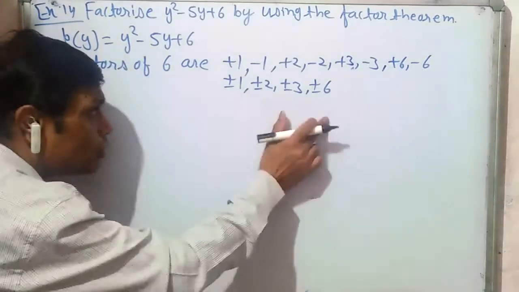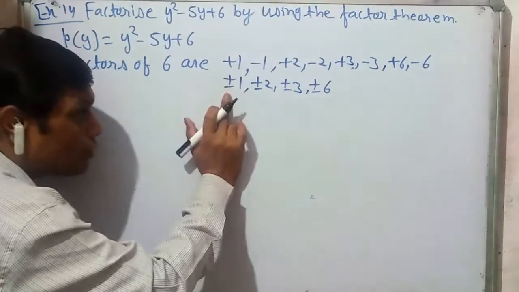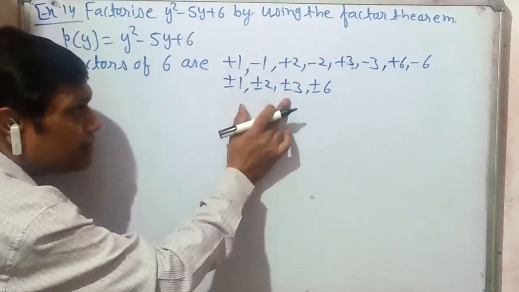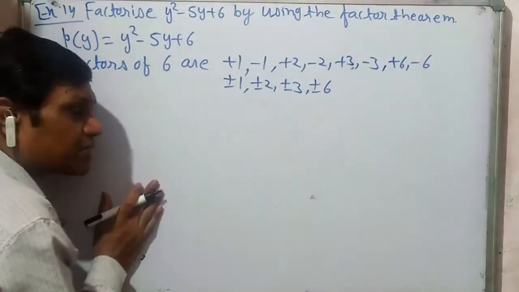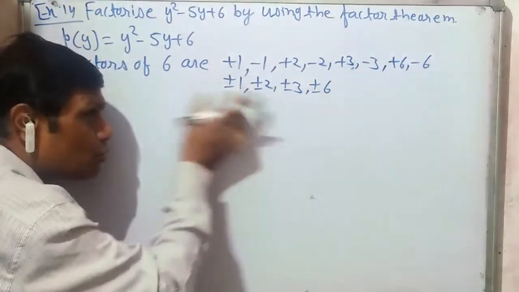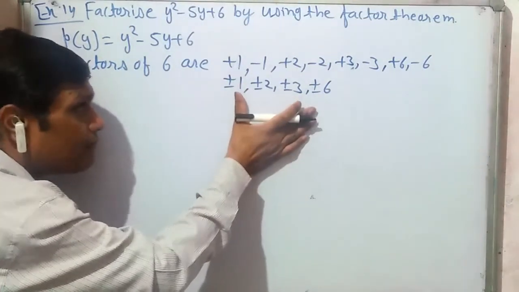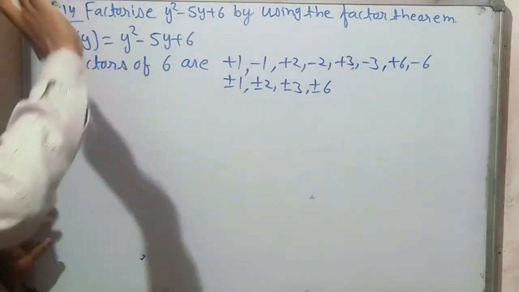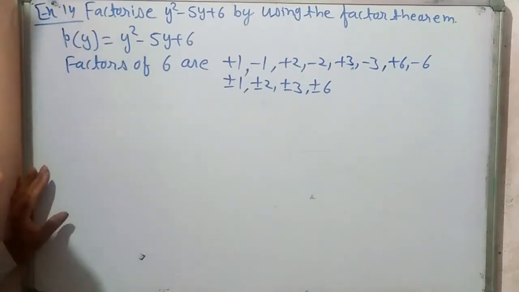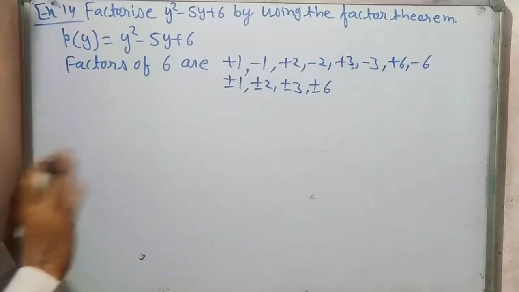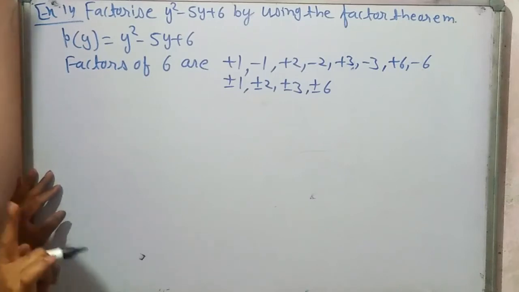That means out of these 8 numbers, we have 1 or 2 zeros of the polynomial, and those zeros will give us the factors.